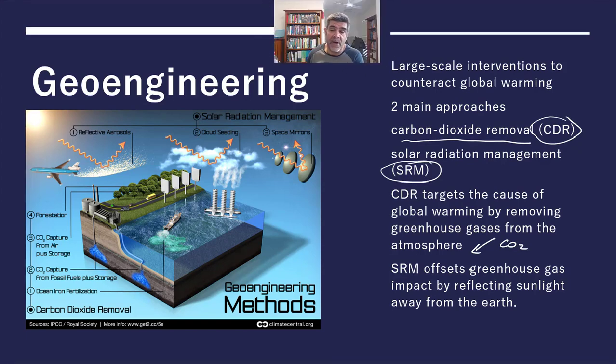SRM, the solar radiation management, on the other hand, is designed to try and offset the greenhouse gas impact by reflecting some of the sunlight away from the Earth. So actually trying to push some of the light and heat, solar radiation, back into space before it becomes trapped in the Earth's atmosphere. You can see from the diagram that I've got here a couple of different types of methods, and we'll talk about some of these in a little bit of detail in this video.